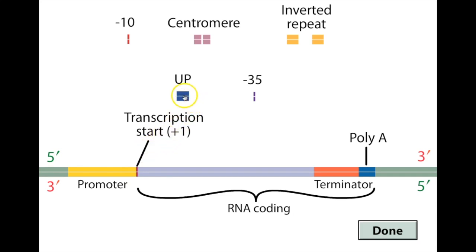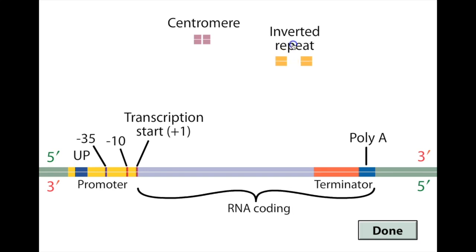Then we have some upstream promoter sequences which can be important. Then we have the consensus sequence, which is really important for transcriptional initiation. And those are at minus 35 and minus 10, usually in bacteria. So good, that's right. And then there is an inverted repeat that functions in termination.